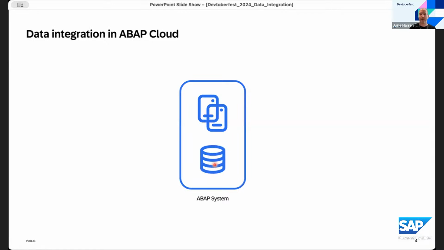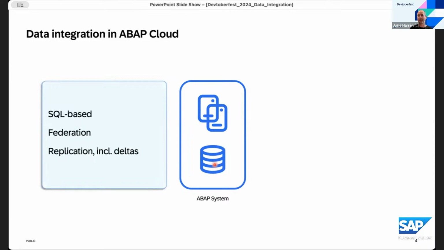So when we talk about data integration in ABAP Cloud, it's about SQL-based integration between systems. We want to use SQL to access data in an ABAP system and from other systems. And we want to do that in 2 flavors. One is data federation and the other one is data replication.